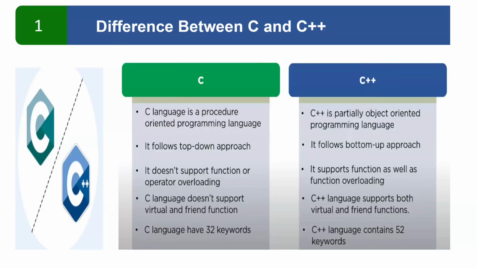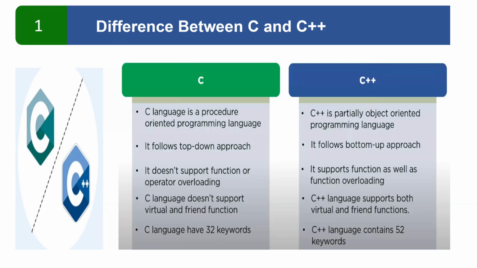Question number one, difference between C and C++. C language is a procedure-oriented programming language. C++ is a partially object-oriented programming language. C follows a top-down approach, and C++ follows a bottom-up approach.